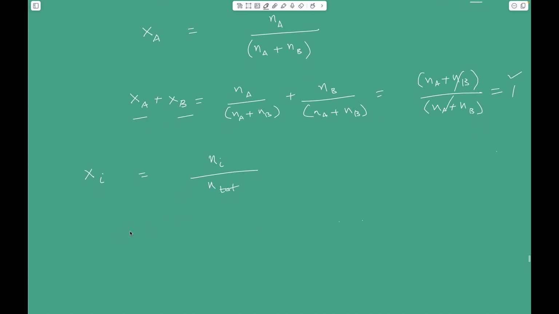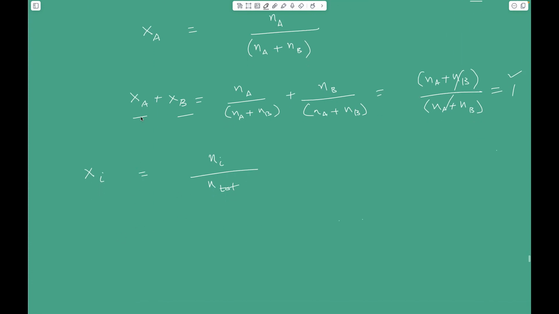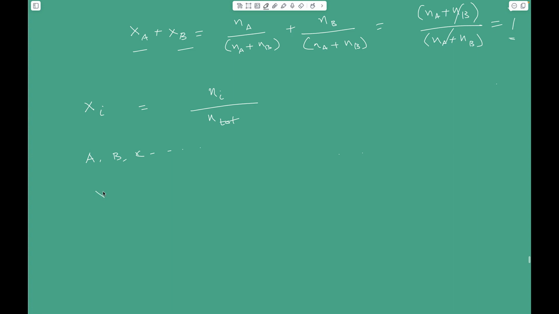And if you add up the mole fractions of all the components in that mixture, you will again get 1. Say if you have a mixture of gases called A, B, C, and so on, then the sum of the mole fractions of each of these gases in that mixture must be equal to 1.